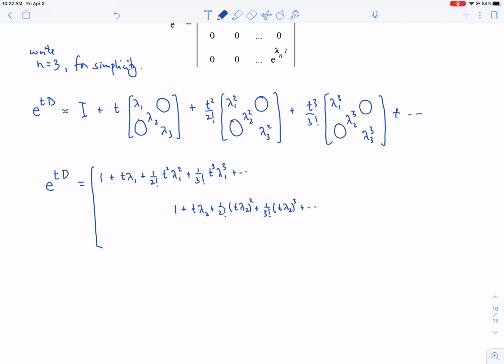And as you can see, that's summing up to e to the t lambda 2. And so in the 3, 3 entry, I'll just get e to the t lambda 3. Everywhere else, we had zeros.